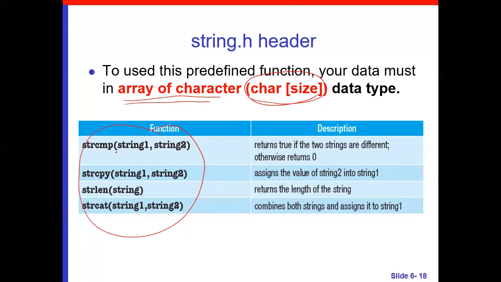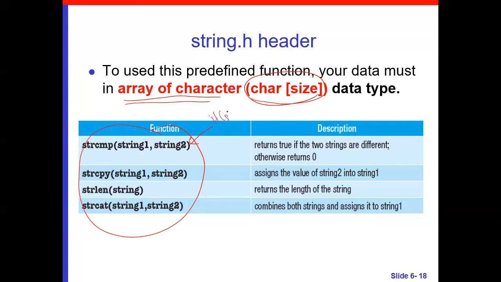I hope that you still remember how to use this function, because it is very important when you apply the equation using the selection control structure, especially when you want to compare the data type of the array of characters. So whether you like it or not, you have to use all these functions. Usually strcmp, you will put inside the if selection for the evaluation.